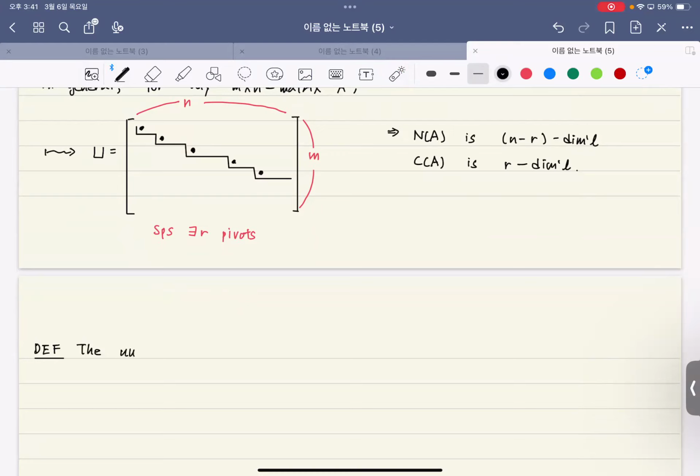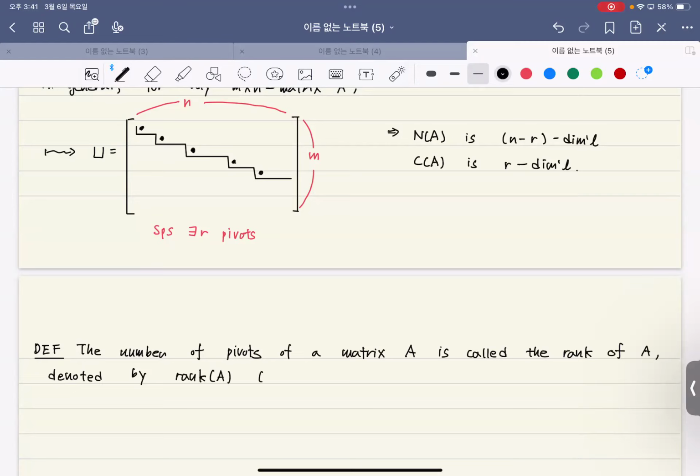The number of pivots of a matrix A is called the rank, and it's denoted by rank of A, sometimes simply rk of A. So this is the definition of the rank.